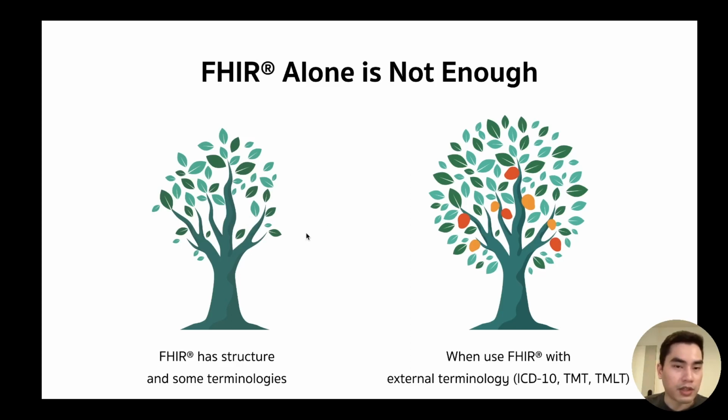If it's a tree, it might look like this: a trunk, a branch, with some leaves, but it's not a complete tree. FHIR still needs to work with a lot of other standards, especially external terminologies like ICD-10, TMT, TMLT, to make it a complete tree like this one.